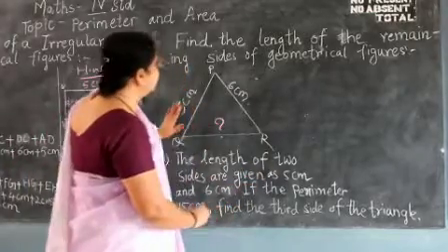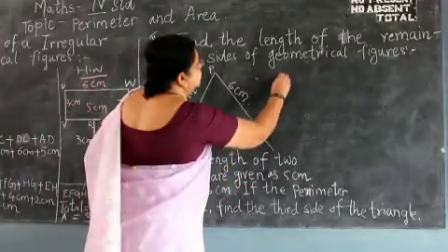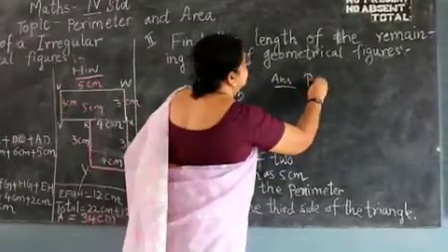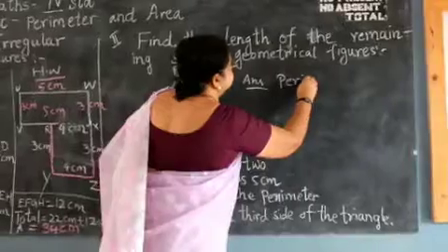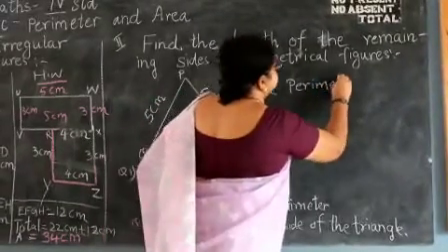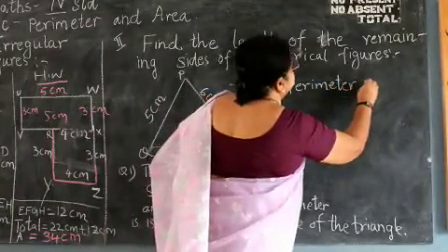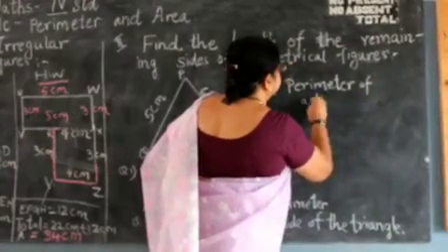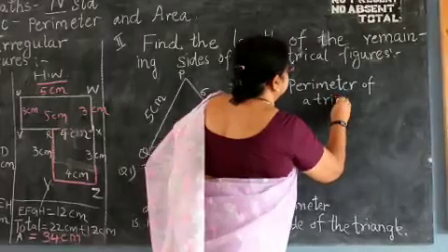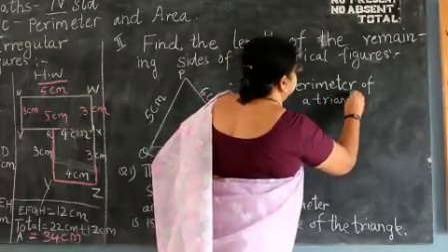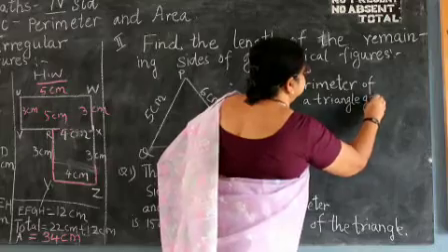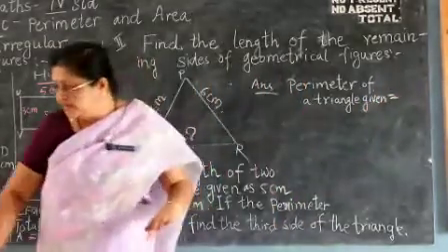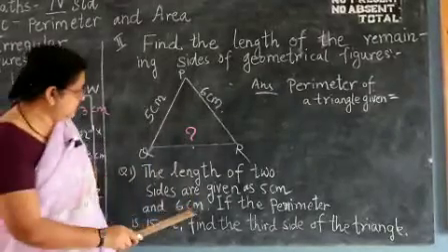Yes. Now what is given? What is given? How are you going to solve? Yes. Perimeter of a triangle given. So perimeter of a triangle given is how much?